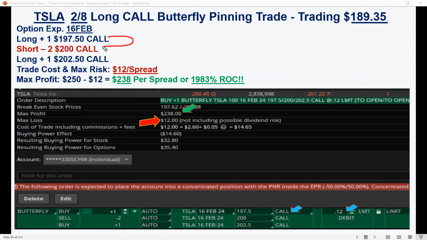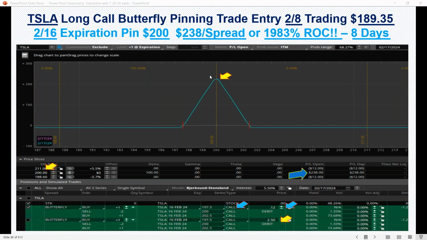So long the 197.5, 200, 200, 202.5, $2.50 wide spread, 12 cents debit, potential profit $238. That would be 1,983% return. And it made pretty darn close to exactly that. So this thing went out right there, nailed it, pinned it.